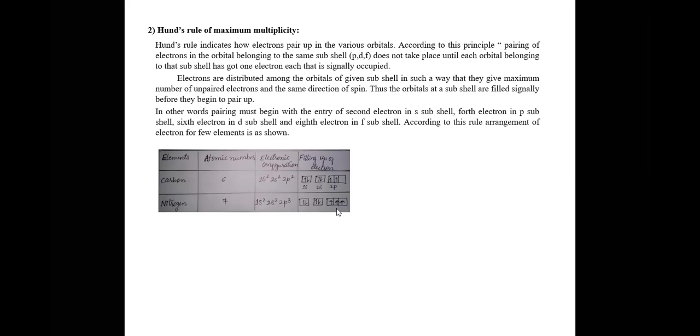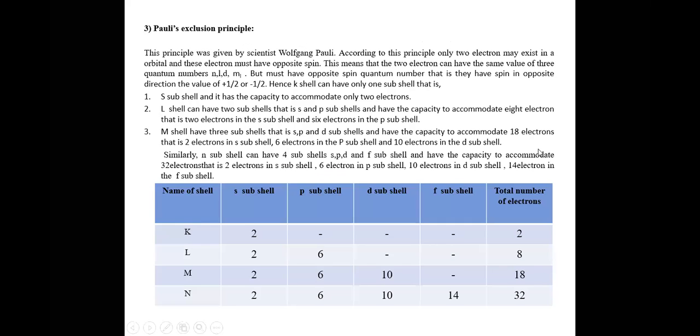So keep in mind that only once we occupy the orbitals with a single electron do we start pairing. Until we singly occupy the orbitals, we should not start pairing of the electrons, according to Hund's rule of maximum multiplicity. Next we will move to Pauli's exclusion principle.